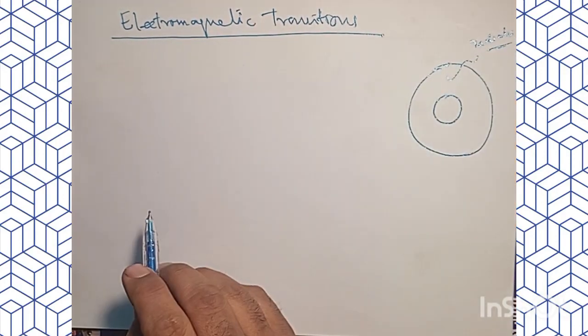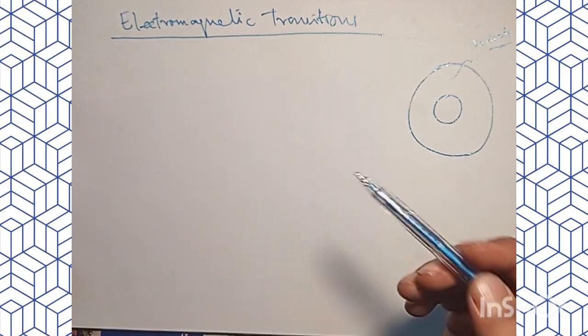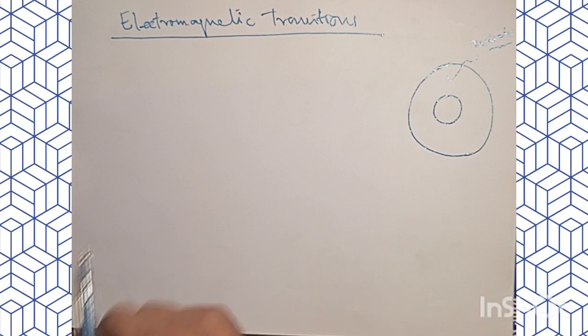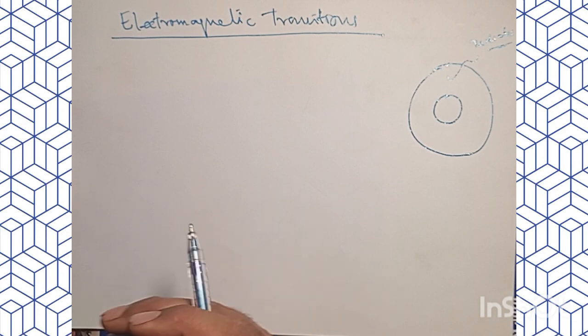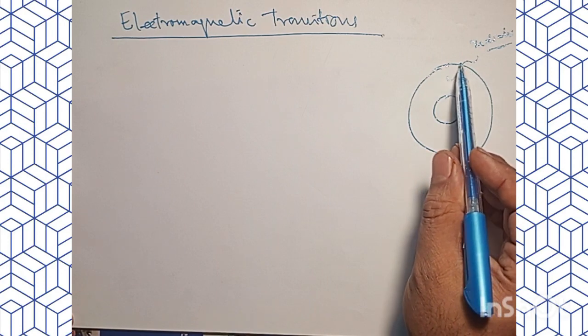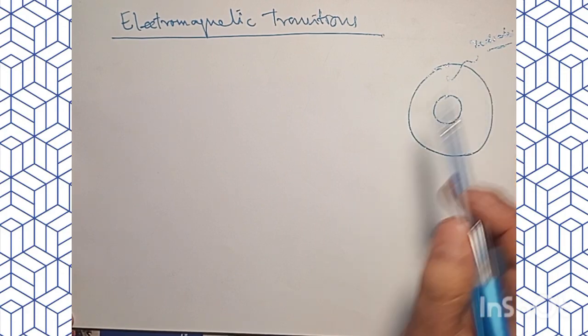Let us have some understanding of this radiation, this electromagnetic transition. When the electron is inside the shell, it does not radiate.